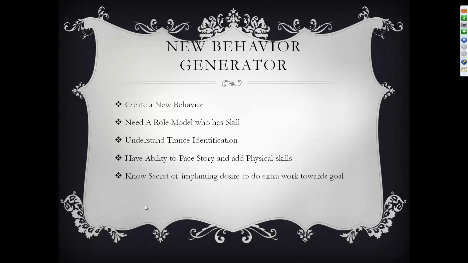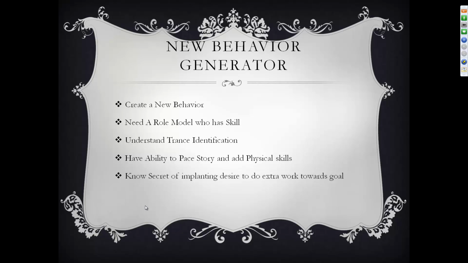Great. Then you have to understand trans-identification, that if the person steps into it mentally, some things are going to shift in that person's physiology. And then you need the ability to paste the story to add the physical skills that person wants to have. And I forgot to add not just the physical skills, but the mental strategies and thought patterns that would help that person achieve that goal.